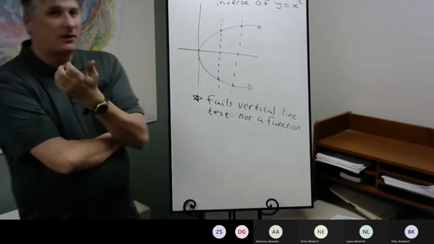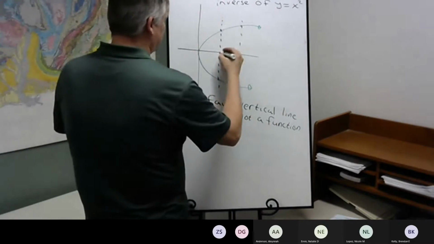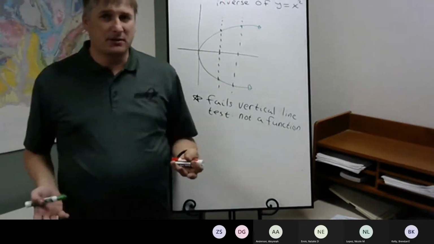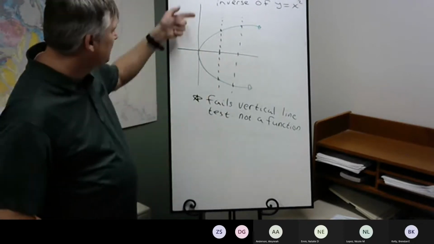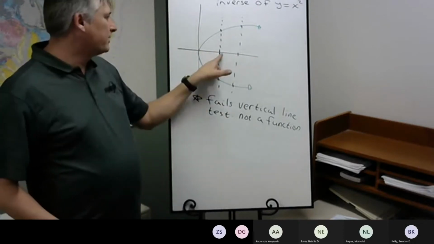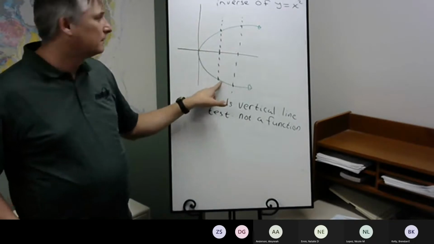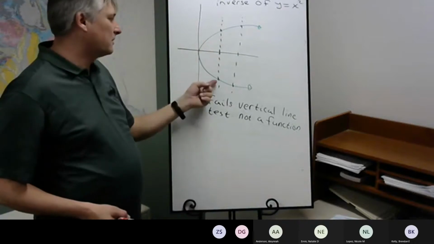Now, what's going on here as far as inputs and outputs? Say, for example, you have this input. The x-axis tells us the inputs, so here's all the inputs. The y-axis gives us the outputs. So we have one input, but we have this output or this output. Well, which one? Are we here or are we here?